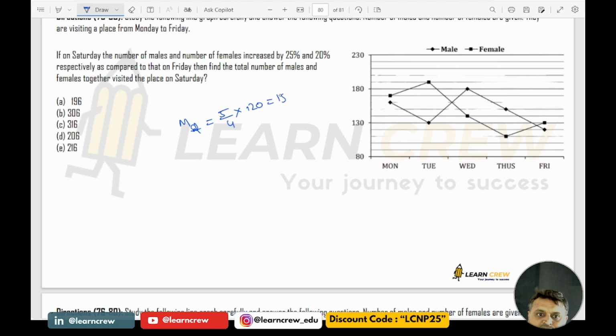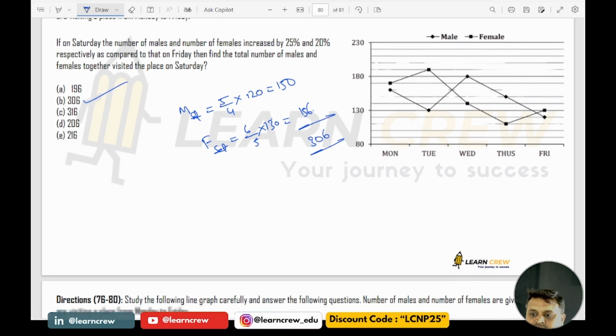So which is 150. So females on Saturday would be 20% more. So 6 by 5th of 130, which is 156. Now the sum of the total number of males and females together visited on Saturday would be the sum of these two, which is 306. So answer is 306.